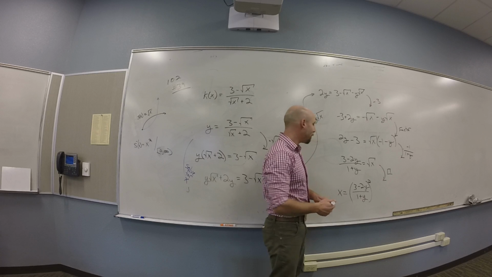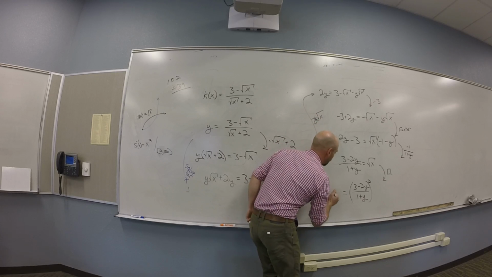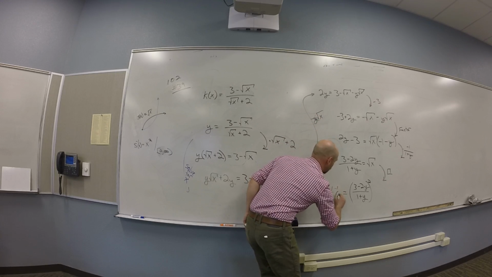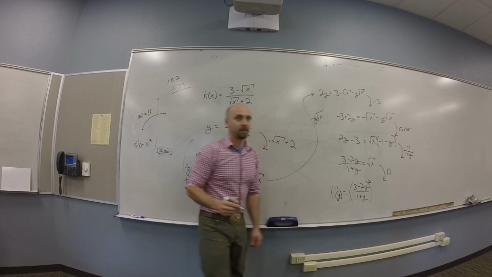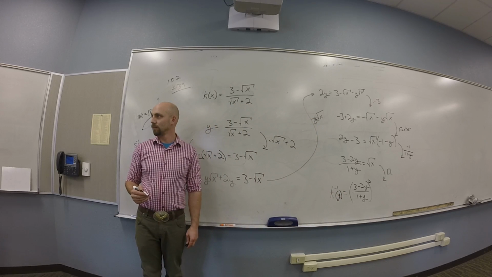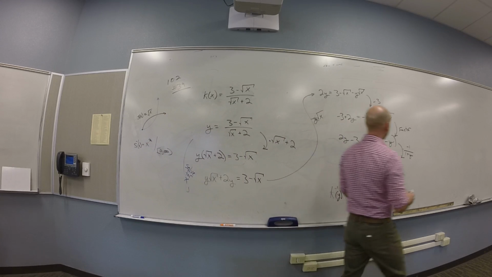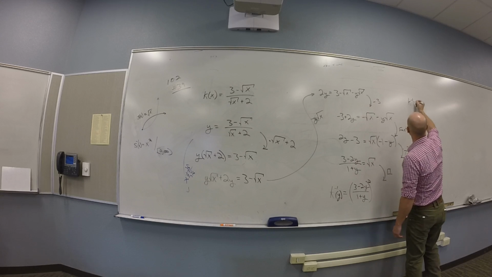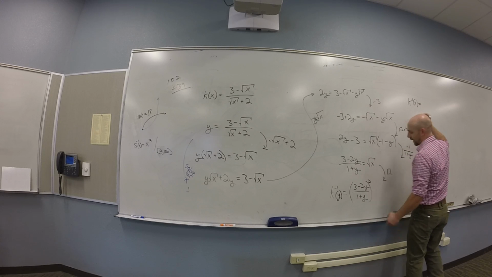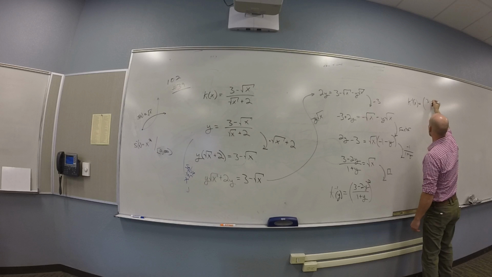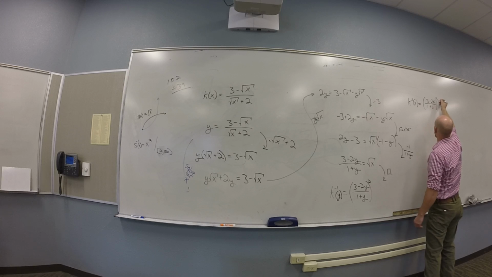So maybe the best labeling for this would be to say that this is k inverse of y. Care if it was like that? No, not at all. Your book is definitely going to say that the appropriate answer is k inverse of x is 3 minus 2x over 1 plus x all squared.